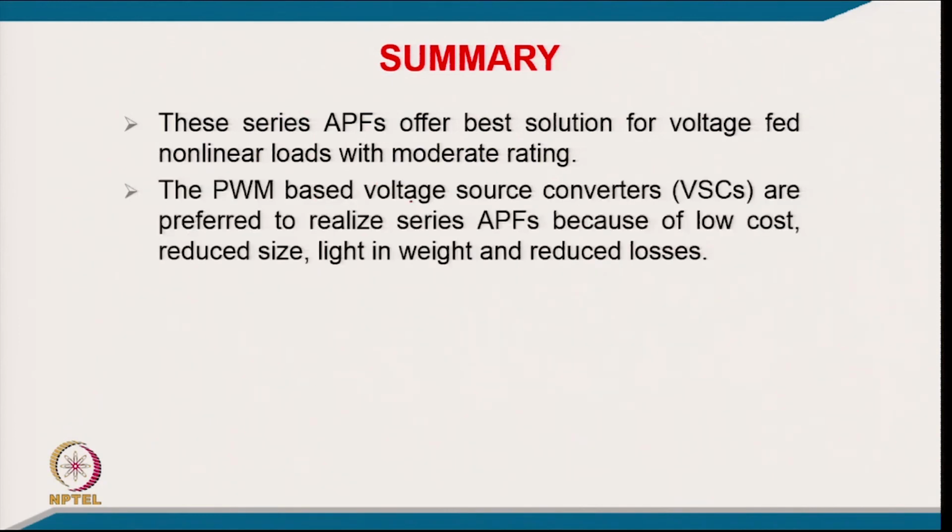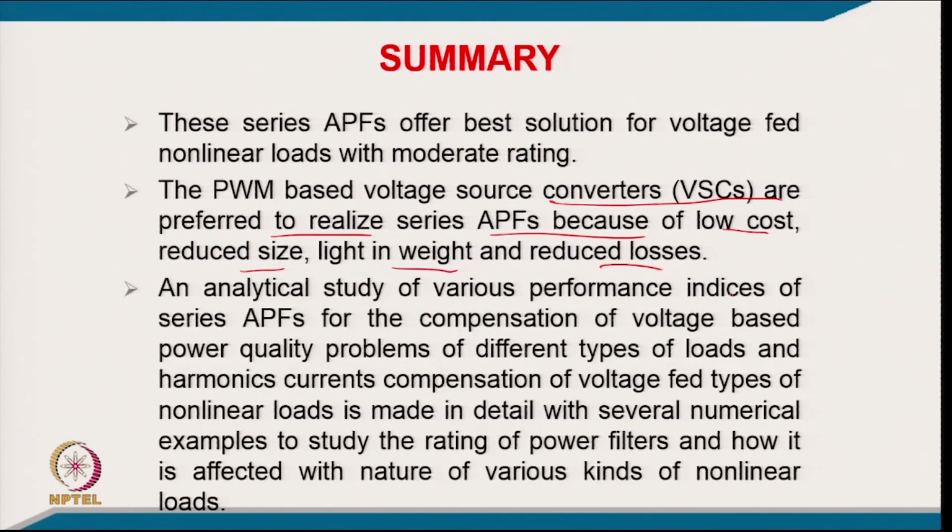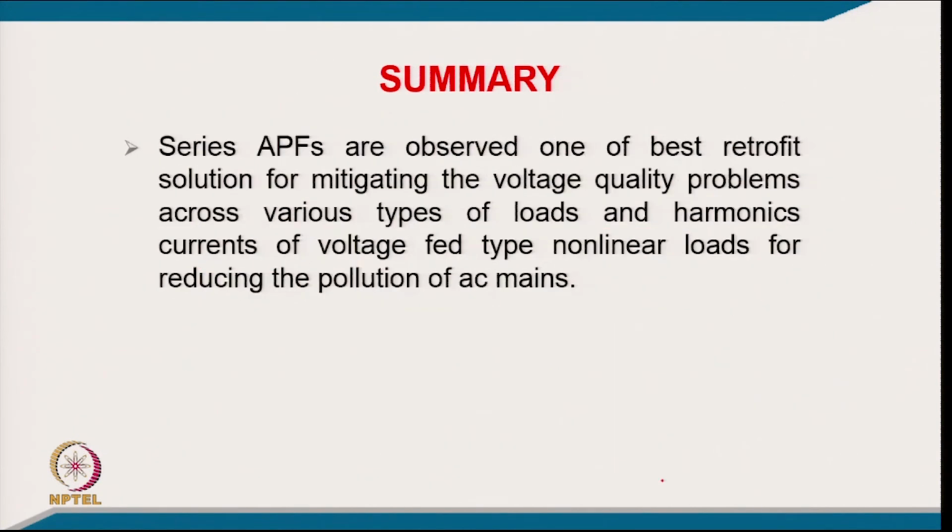Pulse-width modulation based voltage source converters are preferred to realize the series active power filter because of low cost, reduced size, light weight, and reduced losses. An analytical study of various performance indices of series active filters for compensation of voltage-based power quality problems of different types of loads and the harmonic current compensation of voltage-fed loads is made in detail with several numerical examples to study the rating of power filters and how it affects various kinds of nonlinear loads.